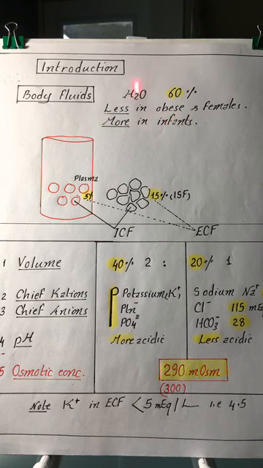The 60% of our body weight that is water can be divided into two compartments: the intracellular fluid compartment and the extracellular fluid compartment. 40% of the total body weight is intracellular fluid, divided between body cells and blood cells.